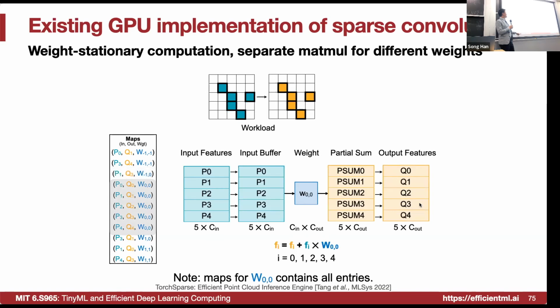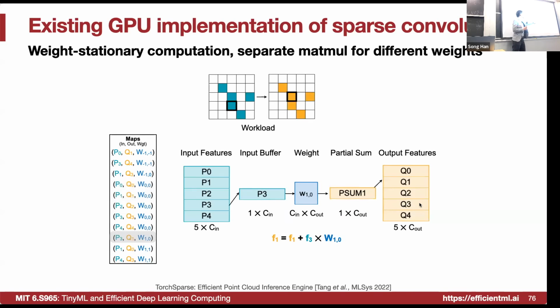And these are the points that are going to interact with W00. This is the only one that is guaranteed to have all the inputs interact with it to produce all the outputs, since that's the definition of sparse convolution, where the sparsity patterns of input and output are exactly the same.